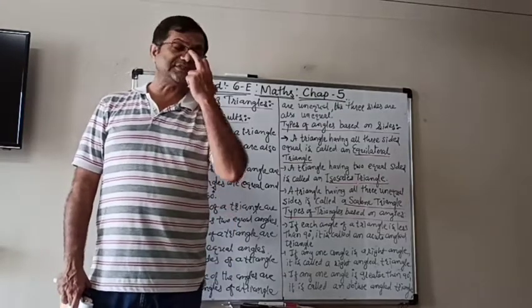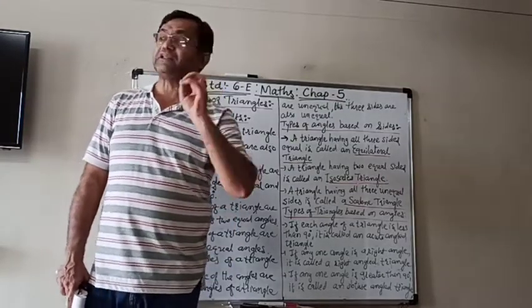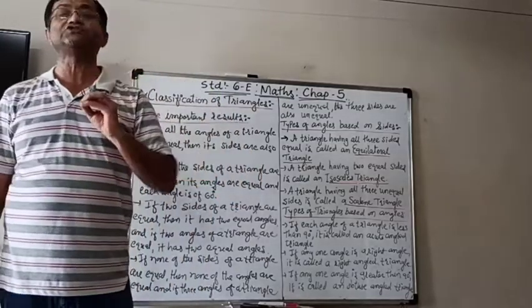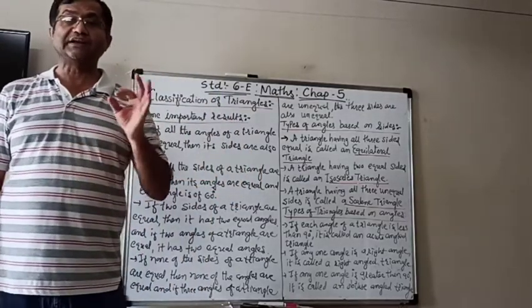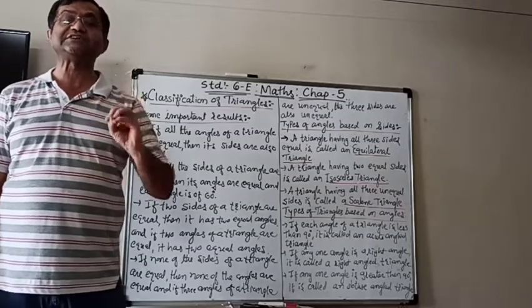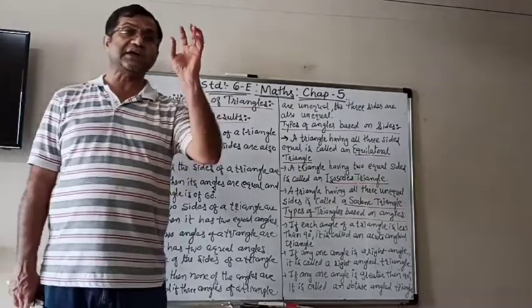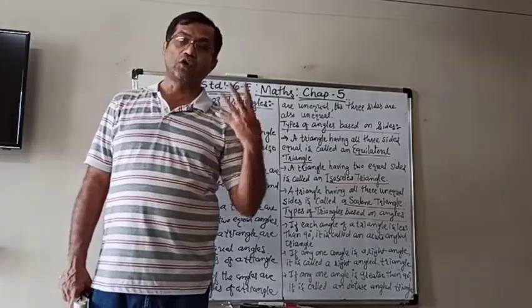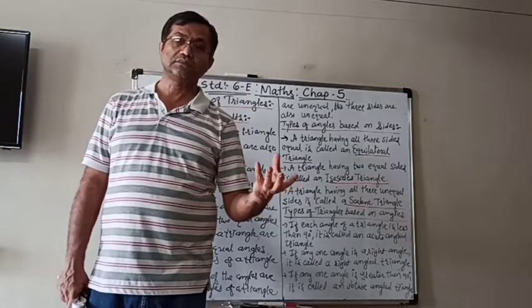If the three sides are equal, then all three angles are also equal and each angle will be 60 degrees.